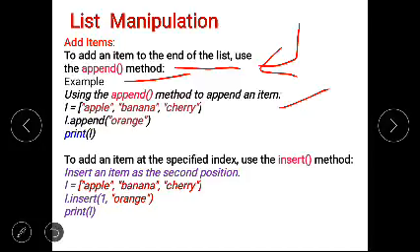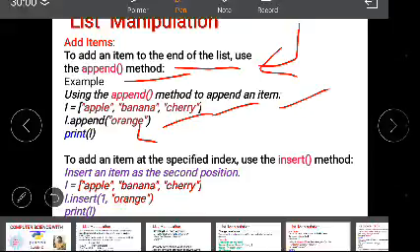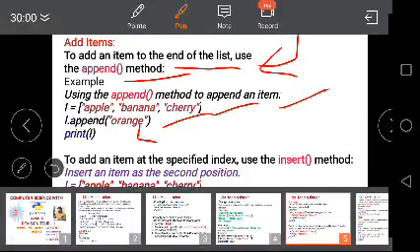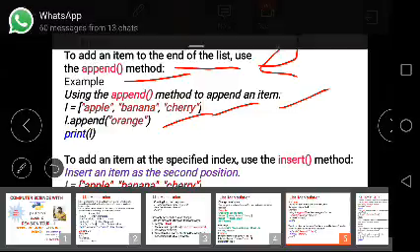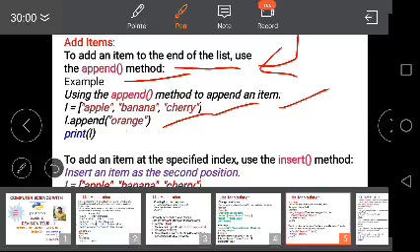Here I have given one example. Suppose L is the list having 3 items, and you want to add another item. You have to write L dot append, and within parenthesis the item which you want to add.